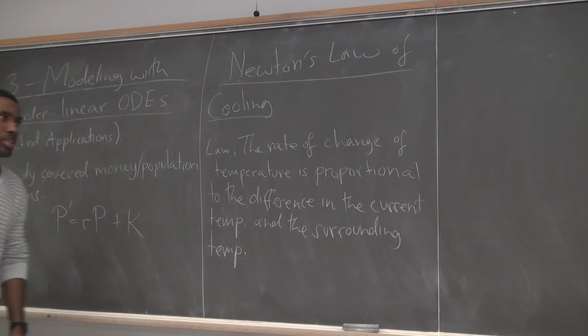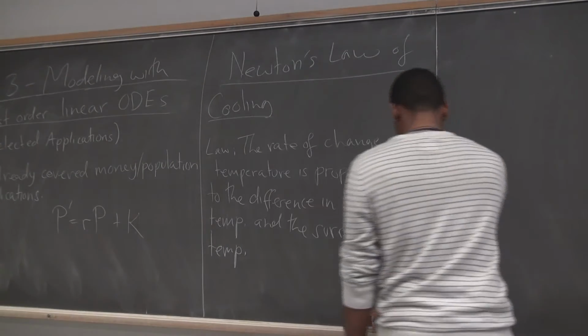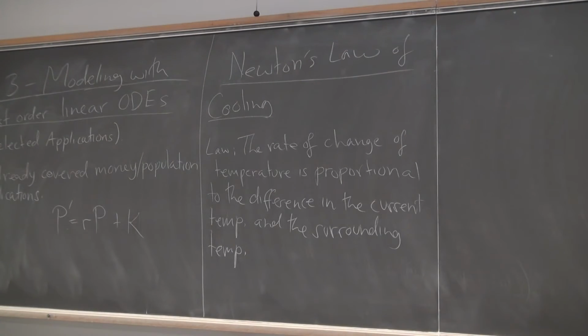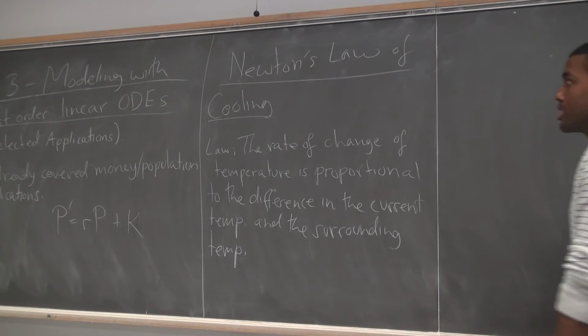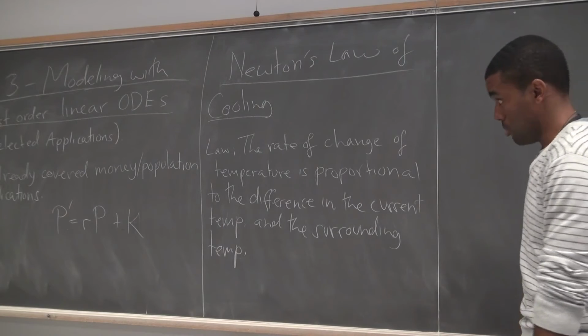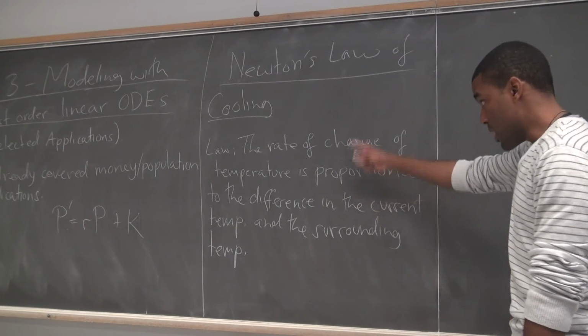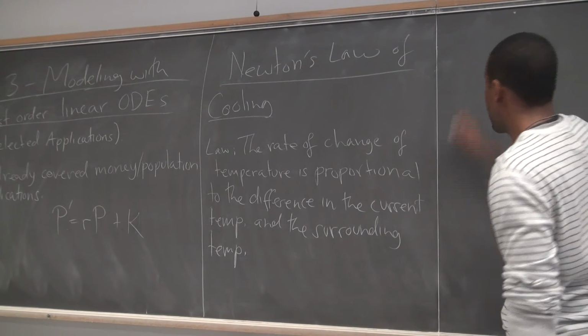I'm not sure how Newton figured this out. He's a smart guy. He figured out a lot of stuff. I'm not sure if there's a mathematical derivation or it was just experiments where he actually measured this all the time, but that's the law and it seems to work out pretty well. And based on the wording, you can come up with a differential equation for it.